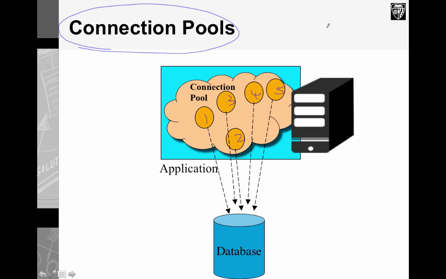And so whenever a request comes from the client, the application server will use one of the connections from the pool of connections that's already open, communicate with the database, get the answer back, and return the connection back to the pool. This actually speeds up your application communication time to the database.